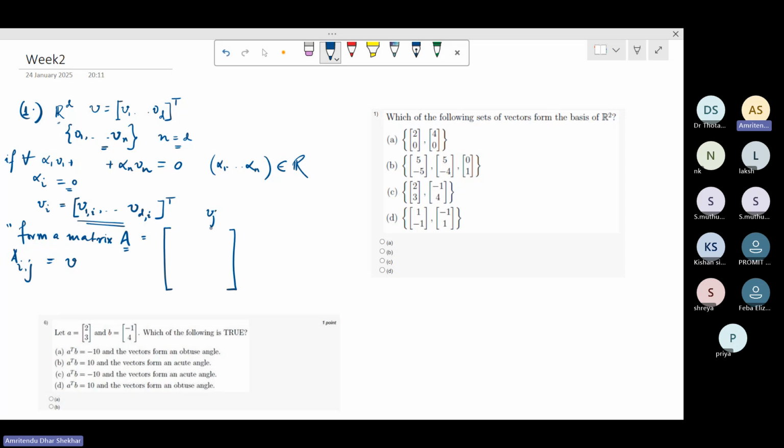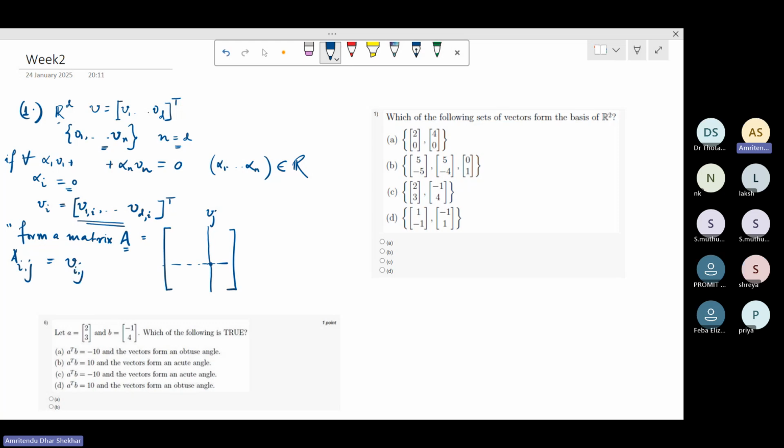So Vj, let's say this is the jth column, and the ith row would be the ith component of the jth vector. So that would be Vij, right? So you form a matrix of this kind.